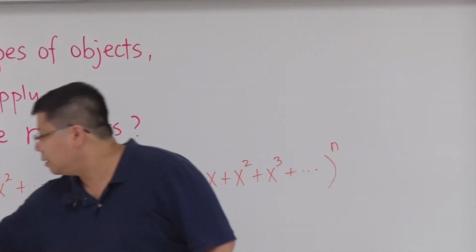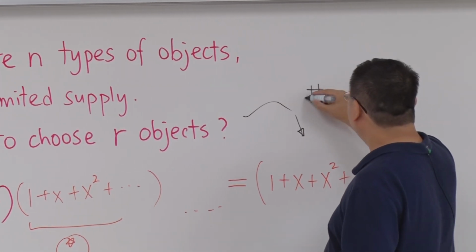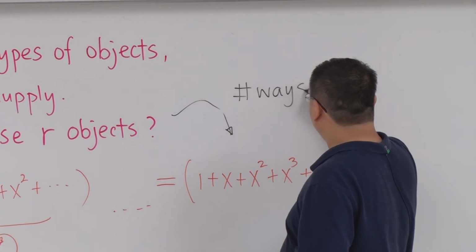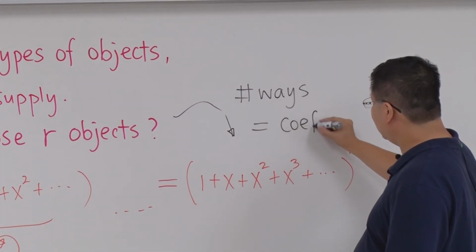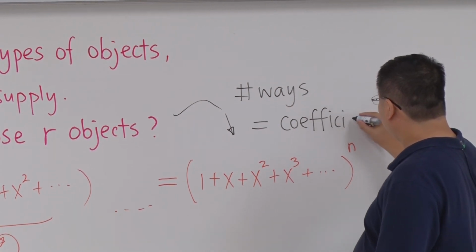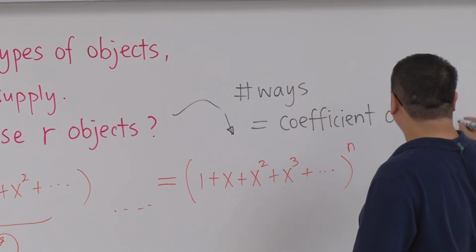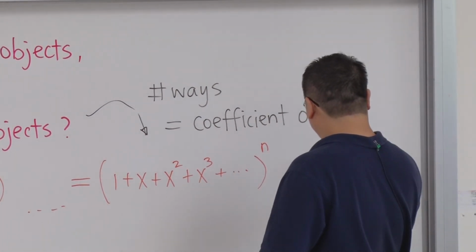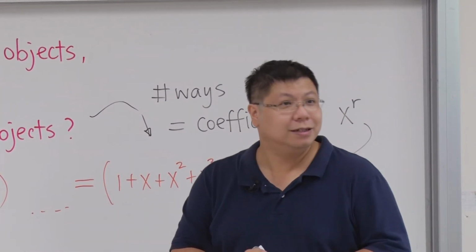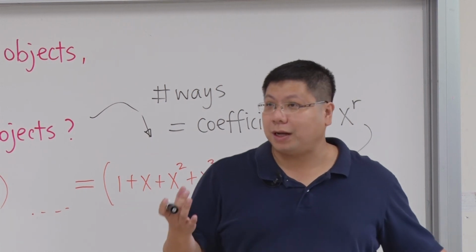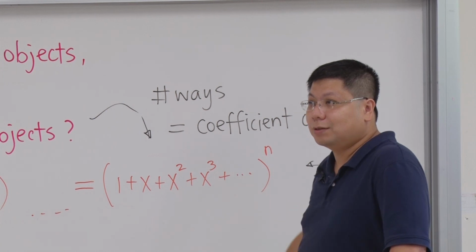The number of ways will be equal to the coefficient of x to the power r in this generating function. So we want to find out what the coefficient of x to the power r here is.